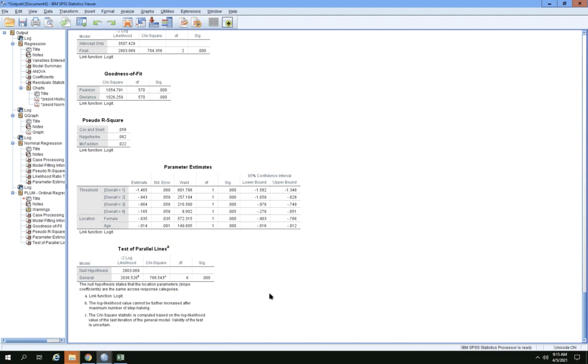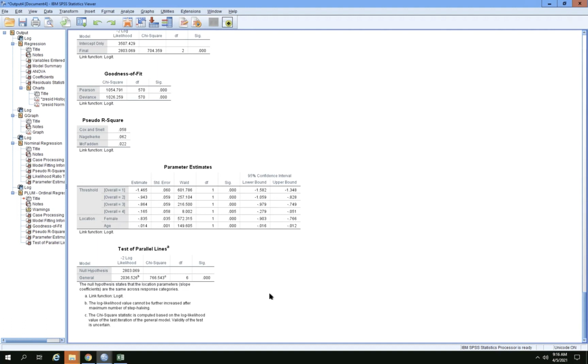What that means, if we look at the differences between males and females or based on different ages, is that we don't necessarily see consistent changes in where each of those 4 thresholds are located. So in some groups, if we look across different age levels, we may see larger or smaller shifts between some of those categories than in others.